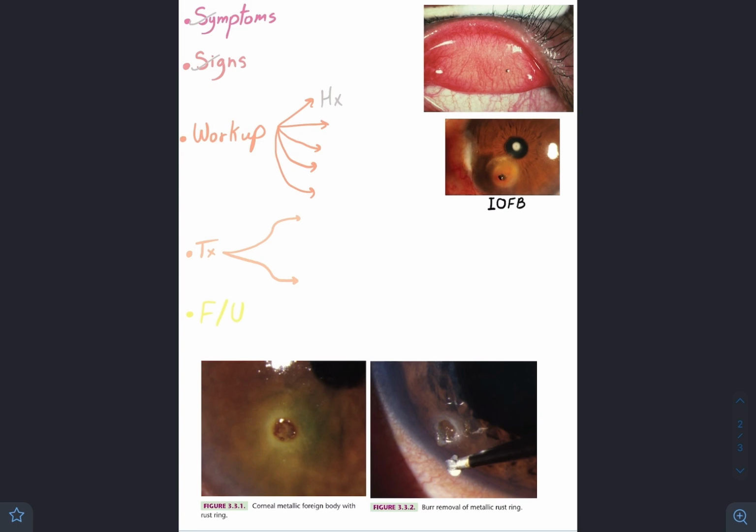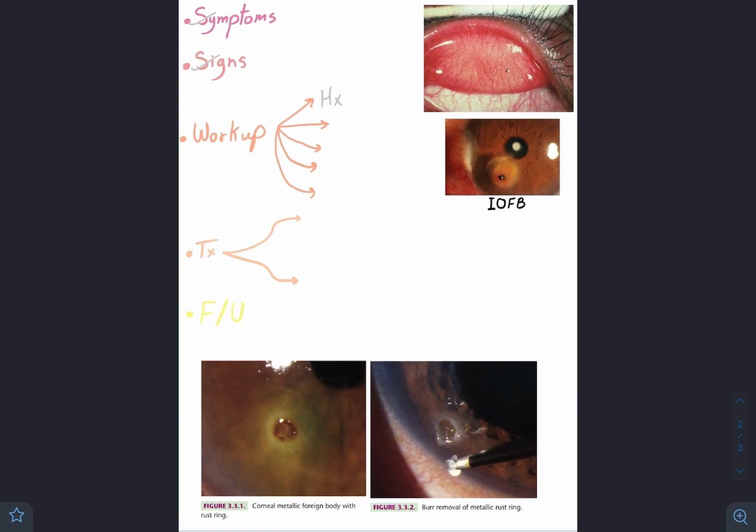So definitely rule that out. Ask about a direct pathway with no safety glasses and the distance of the patient from the site, and you should definitely measure the size and ask about the weight, velocity, force, shape, and composition of the object itself. So try to ask everything you need to ask in the history.